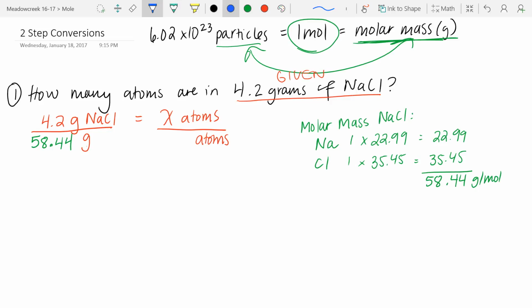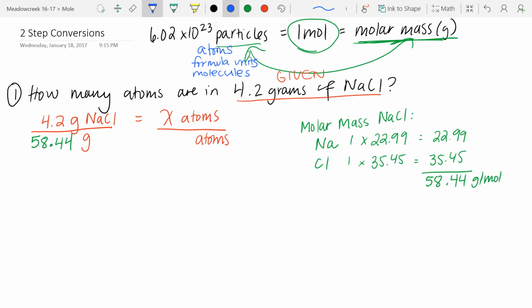Now I need to say, okay, which one has atoms? Well, we know that particles can be atoms, formula units, or molecules. Really, it can be anything except for grams and moles. Okay? It can be anything. You could have 6.02 times 10 to the 23 donuts, or Sour Patch Kids, or students, or desks, or marshmallows.